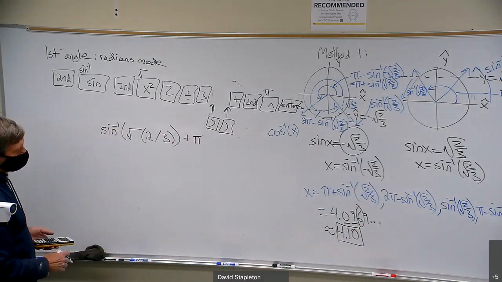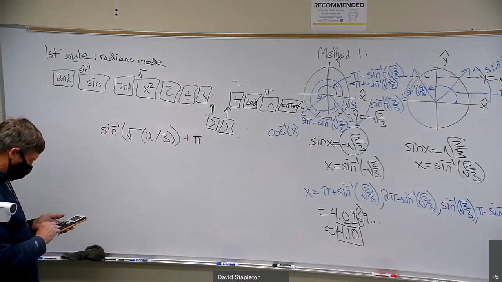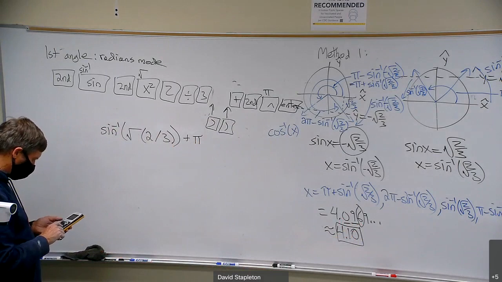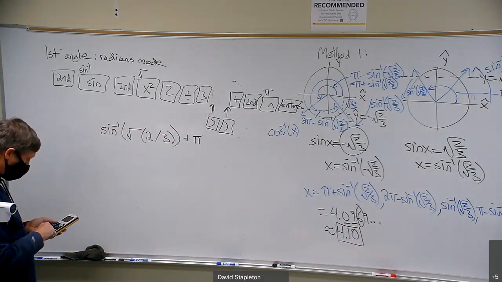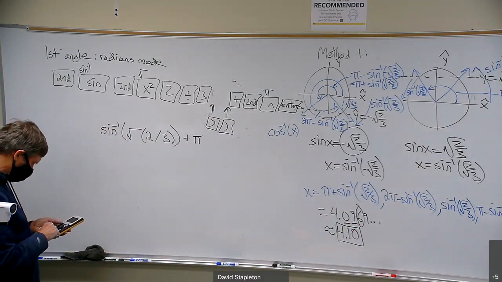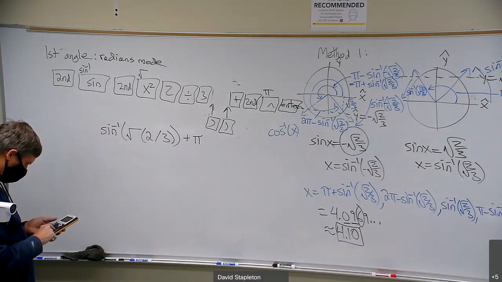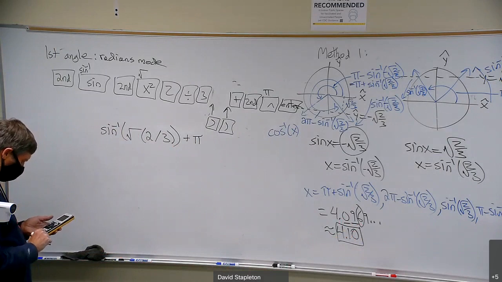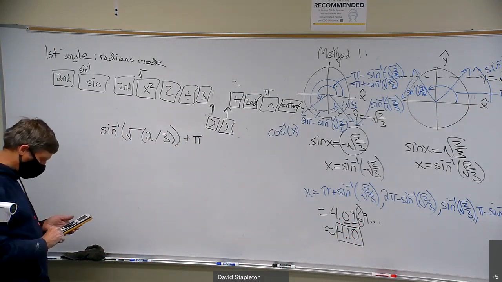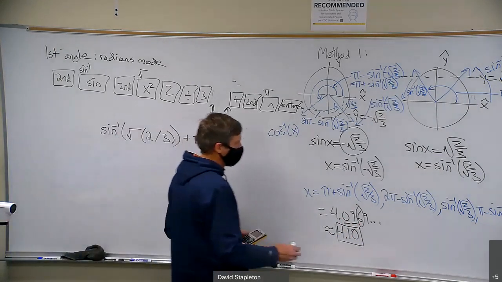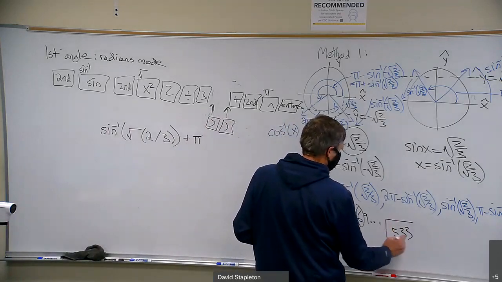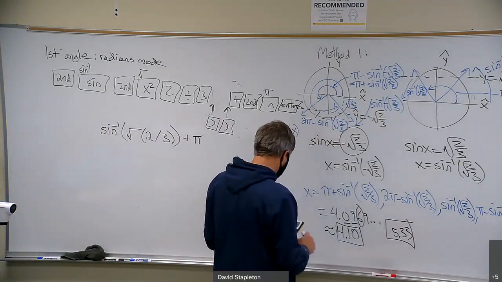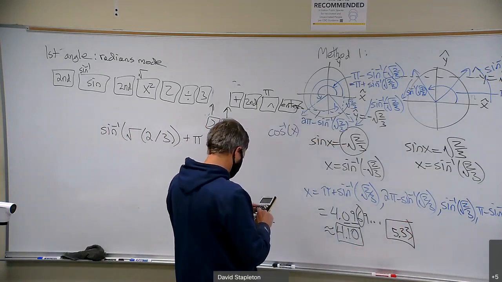Then we can do the others similarly. 2 times this arc sine, square root, 5.33. To work these similarly, you should get that. Arc sine of 2/3, I should have done that separately.